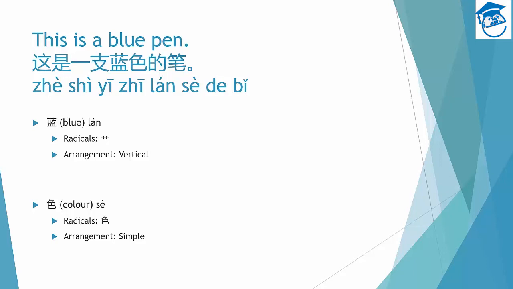So now I'm going to introduce the individual words that you don't know. Okay, first up is 蓝. 蓝 means blue. This is the pinyin, and then the radical is what's on the top. The arrangement is vertical because you have top and bottom parts.